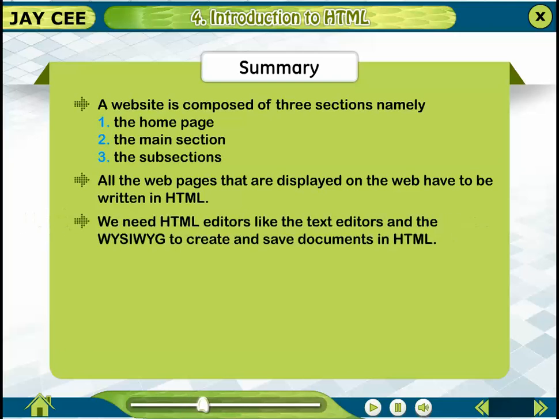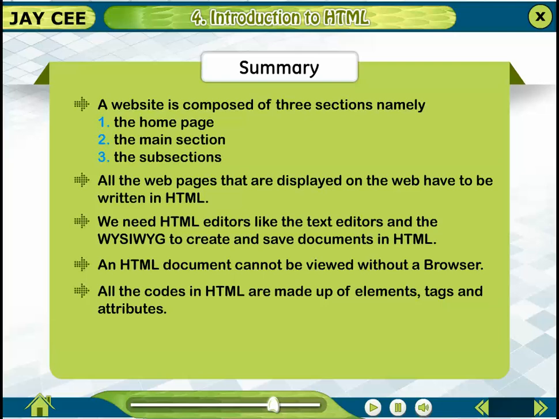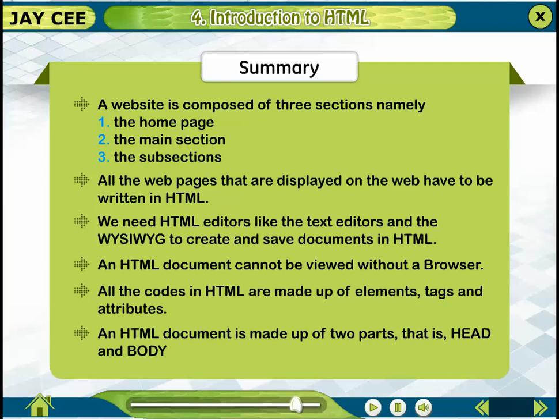We need HTML editors like the text editors and the what you see is what you get to create and save documents in HTML. An HTML document cannot be viewed without a browser. All the codes in HTML are made up of elements, tags, and attributes. An HTML document is made up of 2 parts, that is head and body.